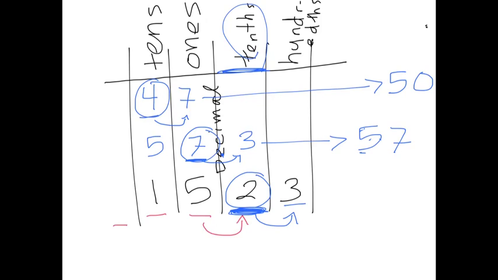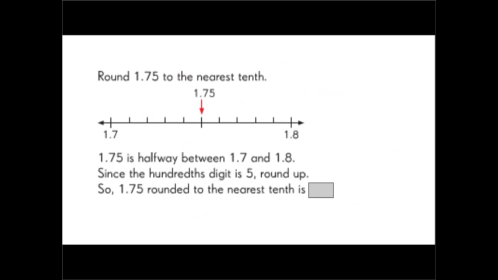If it's greater than or equal to 5, we'll round up. If it is less than 5, then we'll round down. I would like you to do this one on your own and see what you come up with.